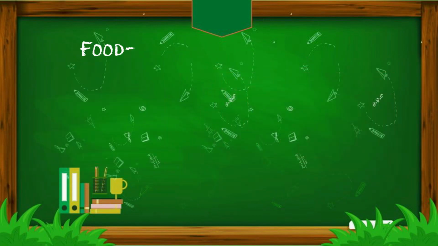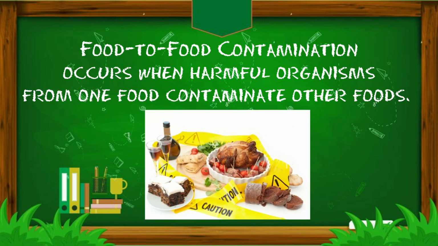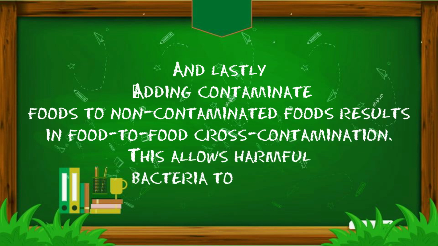Second, cross-contamination is the food-to-food contamination. This occurs when harmful organisms from one food contaminate other foods. And lastly, adding contaminated foods to non-contaminated foods results in food-to-food cross-contamination. This allows harmful bacteria to spread.